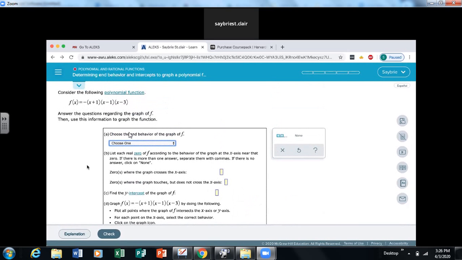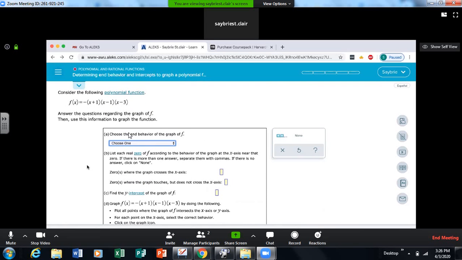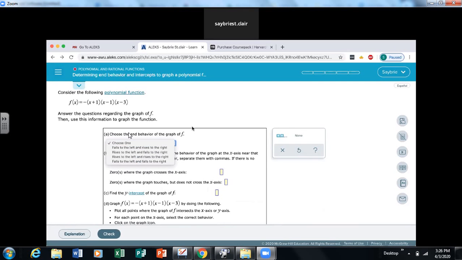Alright, so we got negative. If we multiply all those x's, we would have x to the third. So negative x to the third, the degree is 3. Looking at those pictures, a to the n is less than 0. The degree 3 is odd. Are you seeing which case that is? Are you looking at your charts?